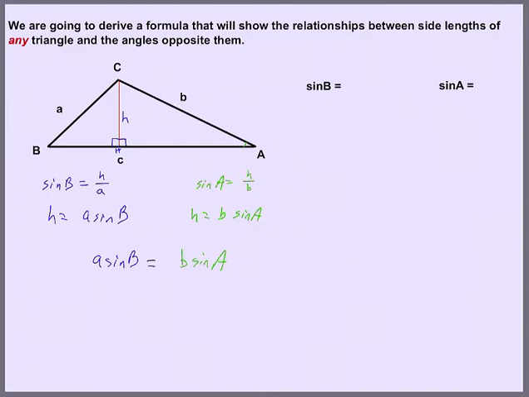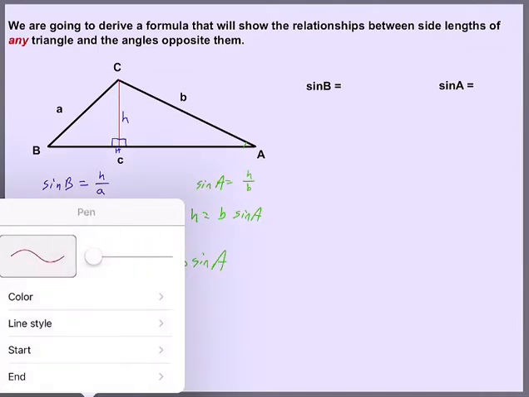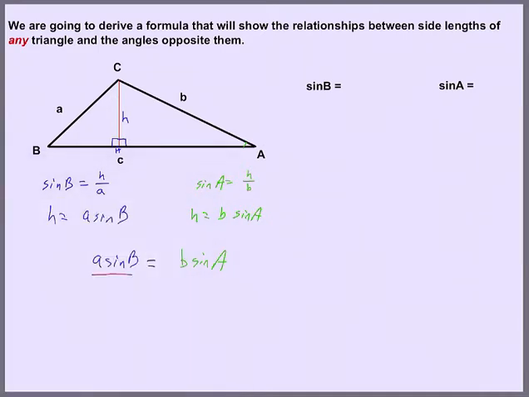I will say that we don't usually look at it this way: A times sine of B equals B times sine of A. What we do is divide both sides of this equation by AB.